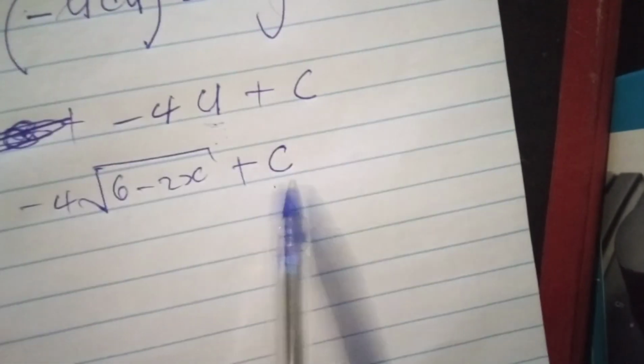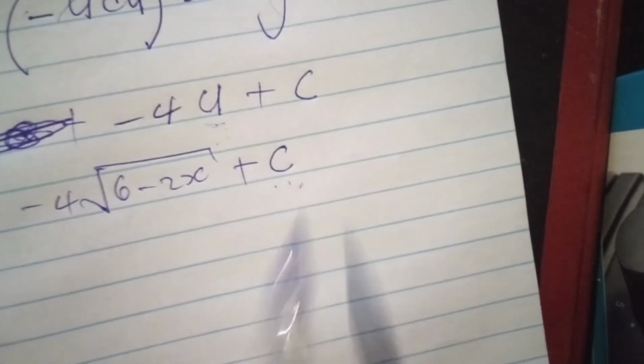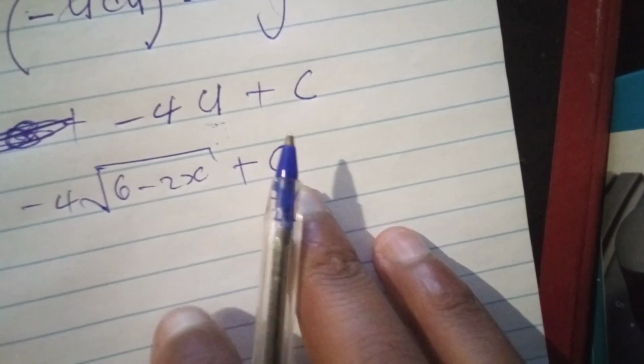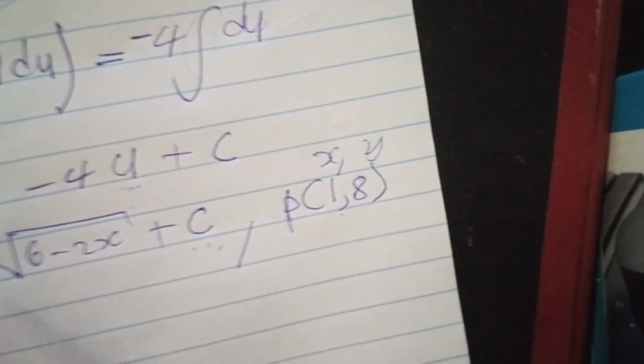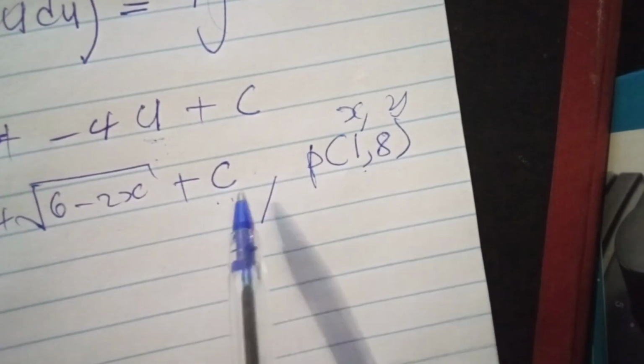So now we need to solve for this constant, and we know there is at least a point along this curve, which is the point 1, 8. This is x, this is y. So we need to substitute these values into this equation and solve for the constant.